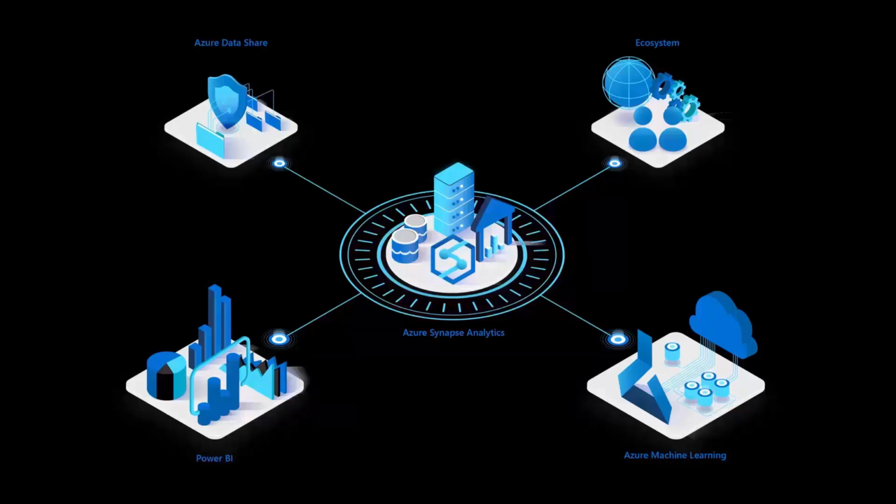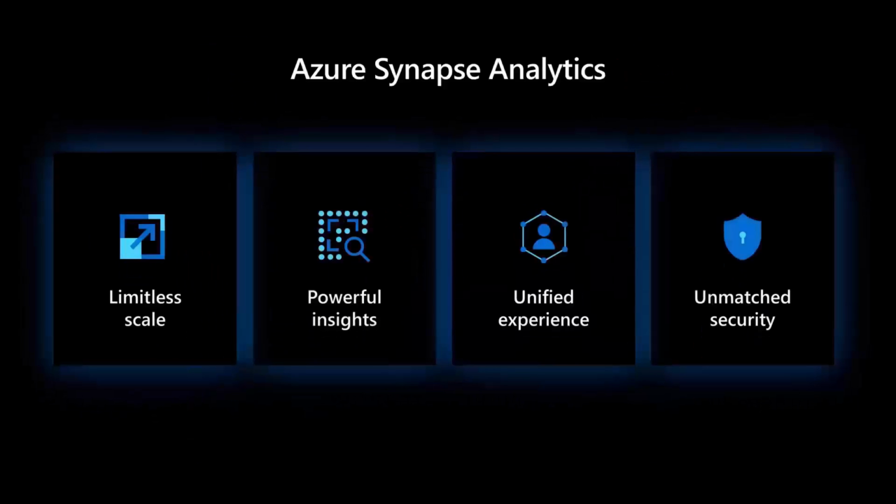Now, when we think about Synapse Analytics as a product and what value it brings, it truly is a game changer, and it delivers virtually limitless scale, allowing you to deliver insights from all your data across your data warehouses and your big data analytics systems and stores, at very high performance speed.